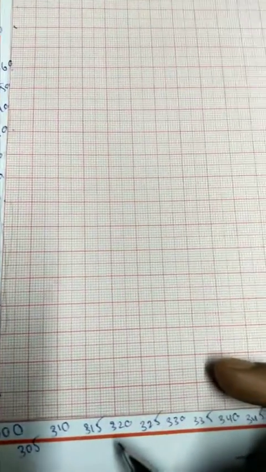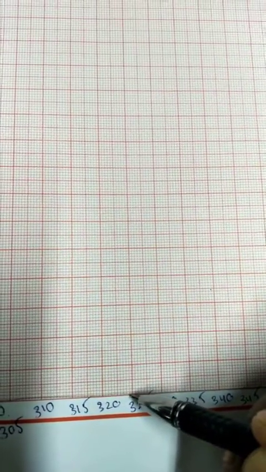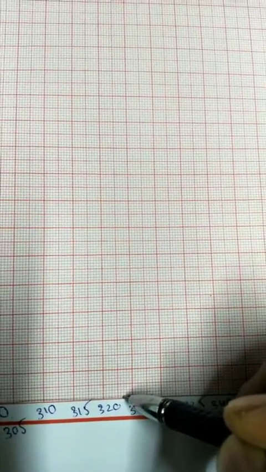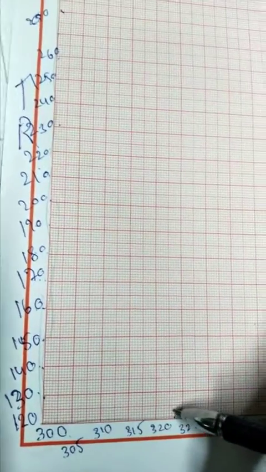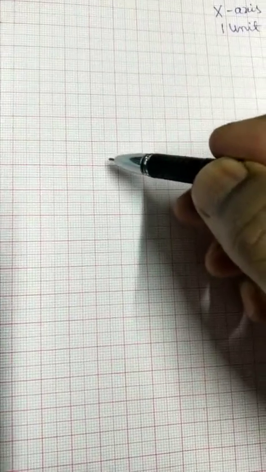See, 310, 315, 320, 325, so here you have 323. I will check where you have 250, the maximum value.